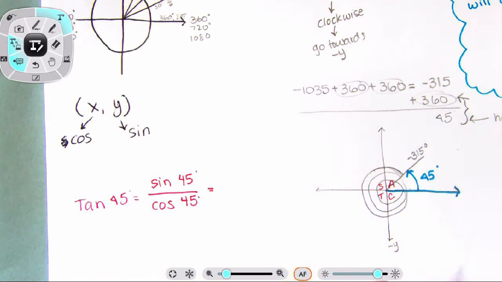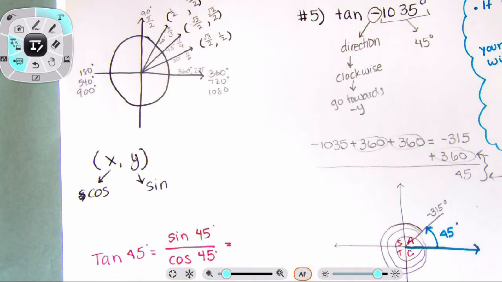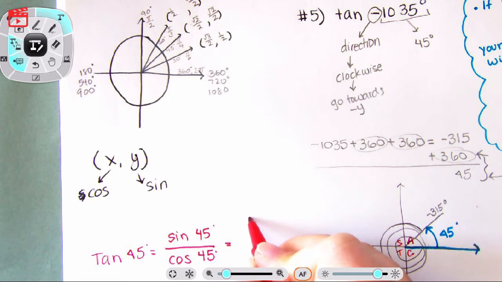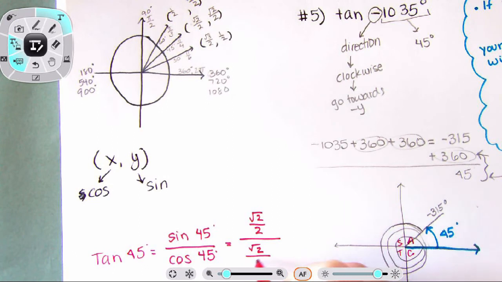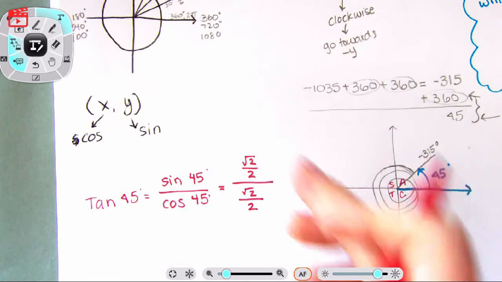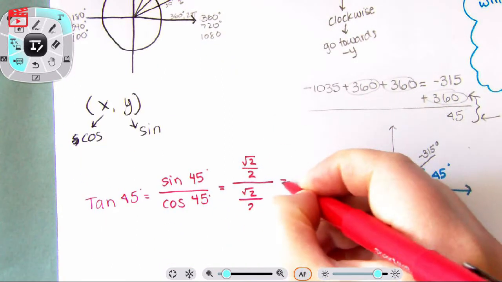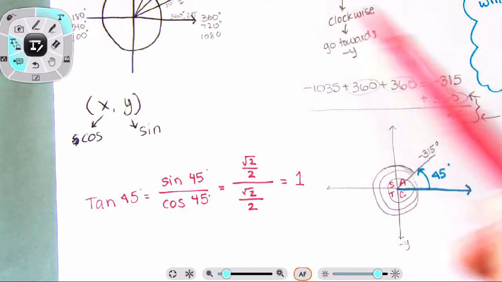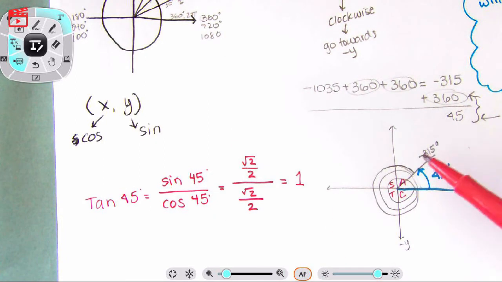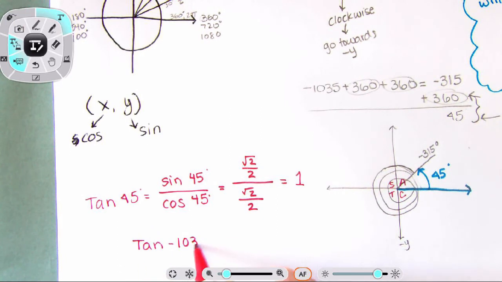And again, we should have these memorized, but sine of 45, cosine of 45 is root 2 over 2. Same thing on top, same thing on the bottom. This is equal to 1. It is in quadrant 1, so everything is positive in quadrant 1. So tangent of negative 1035 degrees is 1.